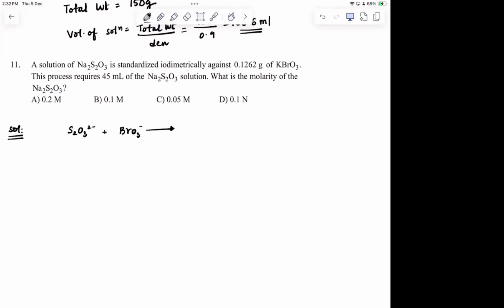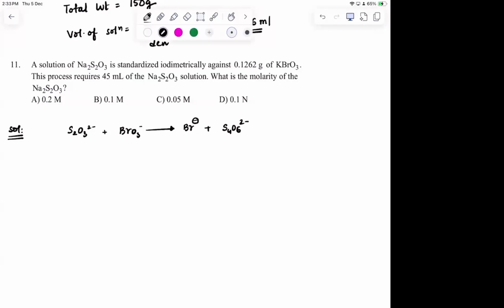Correct. Since it is done iodometrically, it should be changing similar to that of iodine. So in that case, iodine gets reduced to I minus, so BrO3 minus should also be getting reduced to Br minus. And on the other hand, this should become S4O6 2 minus. Correct? This is what has been expected.